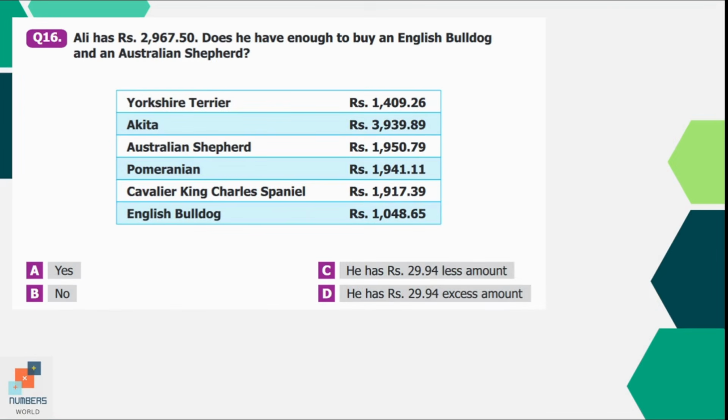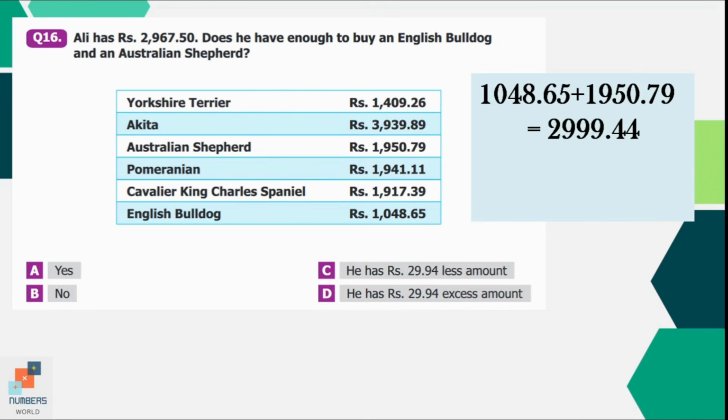Question number 16. Ali has 2,967.50 rupees. Does he have enough to buy an English Bulldog and an Australian Shepherd? The price of the English Bulldog is 1,048.65 rupees and the price of Australian Shepherd is 1,950.79 rupees. So here we will add both prices to find out how much money he needs to buy English Bulldog and Australian Shepherd.